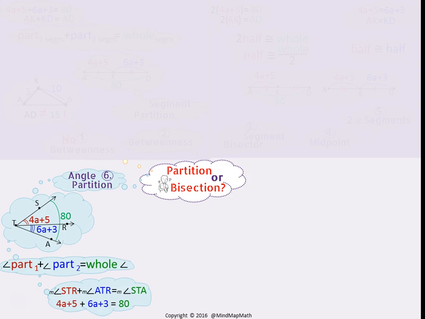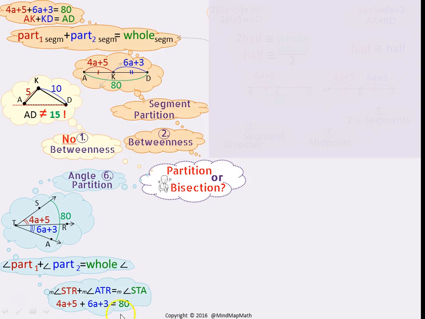At this point, it's also important to make a connection between the pieces that you've already learned about the relationships in geometry. There will be some similarities of angle partition with the relationships we've observed in segment partition.